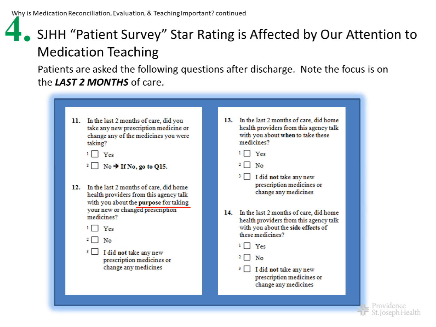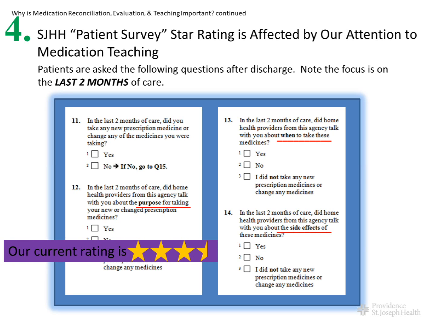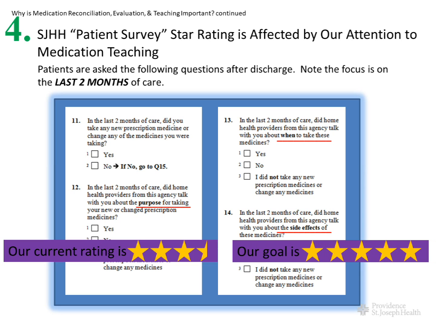Question 12 asks if we instructed on the purpose for taking medications. Question 13 asks if we instructed on when to take medications. And question 14 asks about our teaching of side effects of medications. Our current rating is 3.5 stars. Our goal is 5 stars.